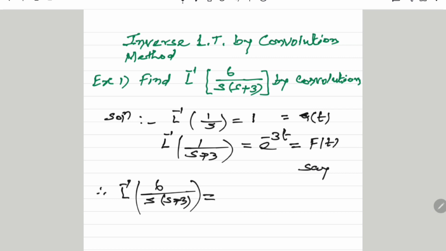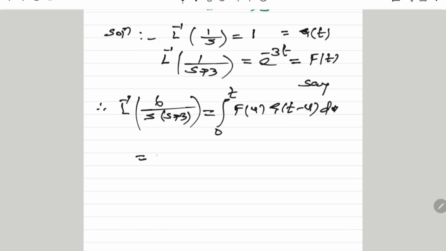by convolution, it is integration from 0 to t of f of u multiplied by g of t minus u, and then its integration with respect to u, is equal to 6, we can take outside, integral from 0 to t f of u.